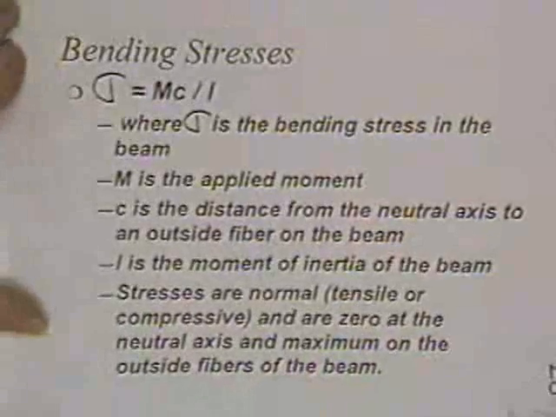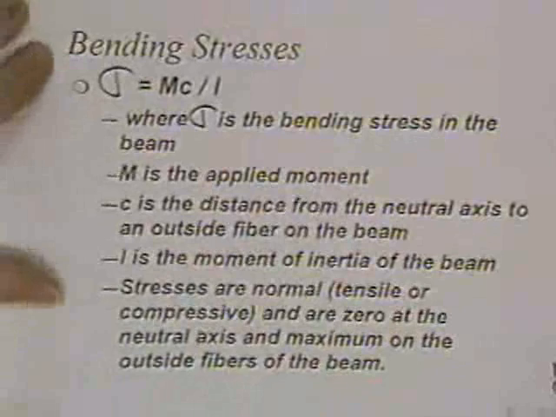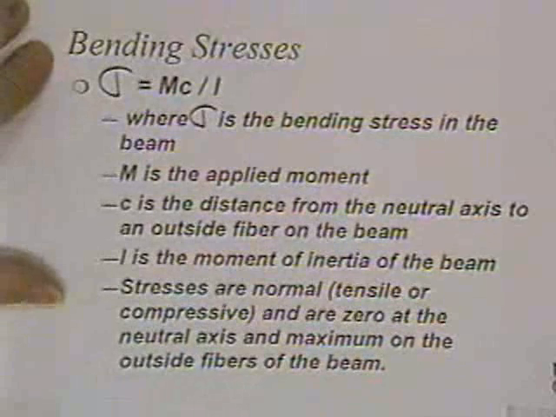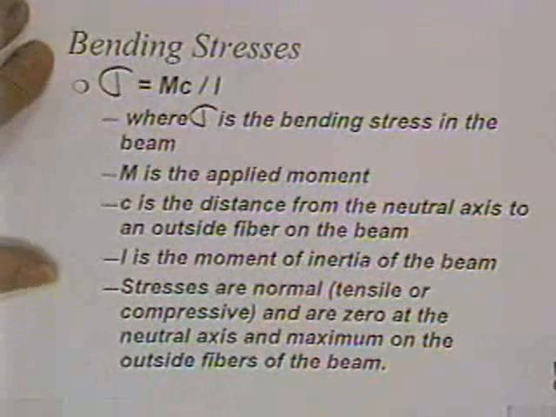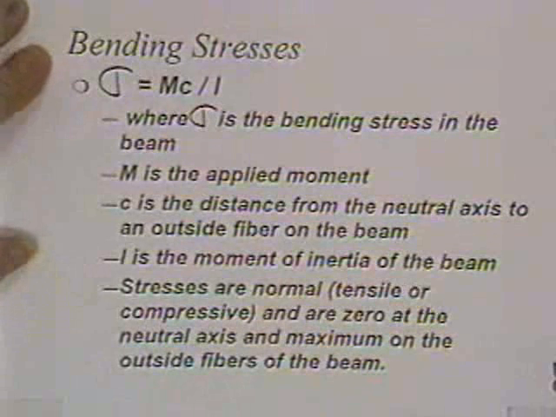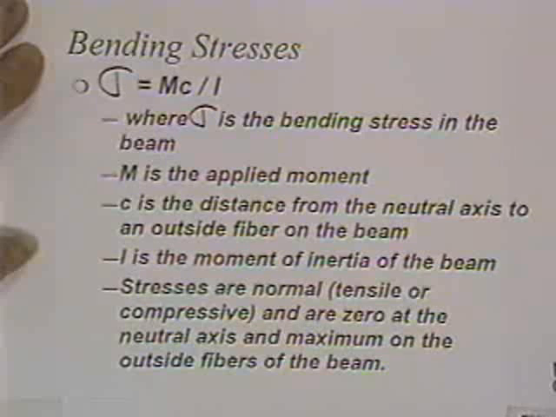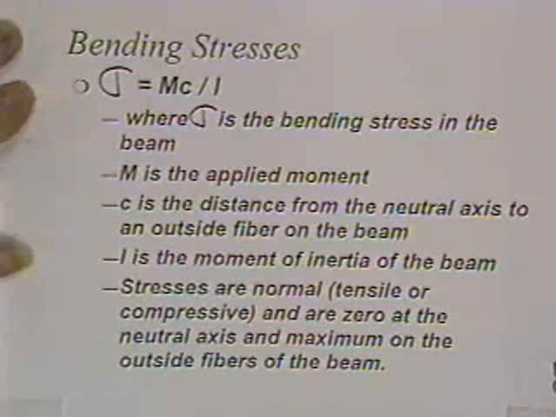Now, bending stresses. The nice thing about axial stresses is I can show you or remind you how they work very quickly. Torsional stresses take a little more time. Bending stresses really take more time than anything.